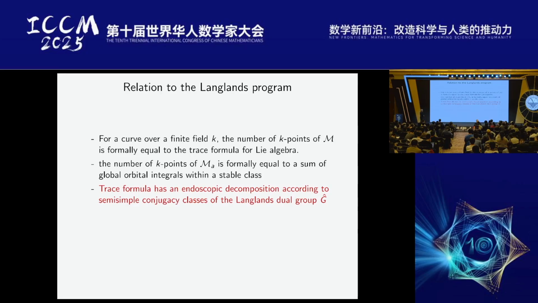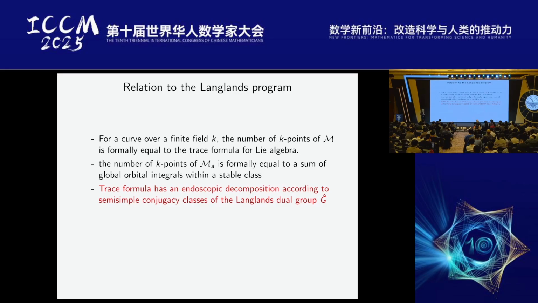So what is it from the point of view of automorphic forms? The trace formula has this very peculiar structure called endoscopic structures, right? It's not very unfamiliar to geometers, for example.